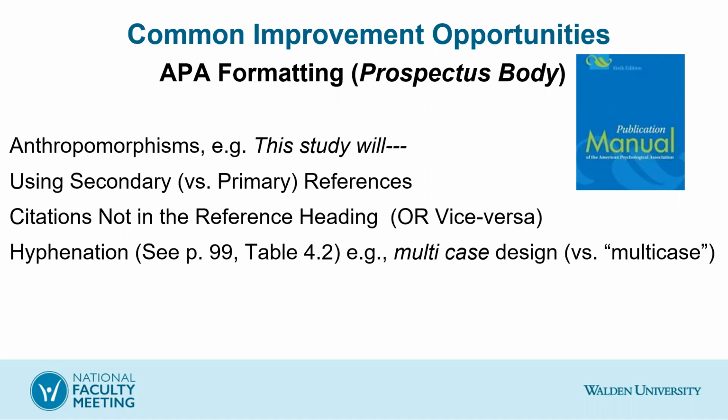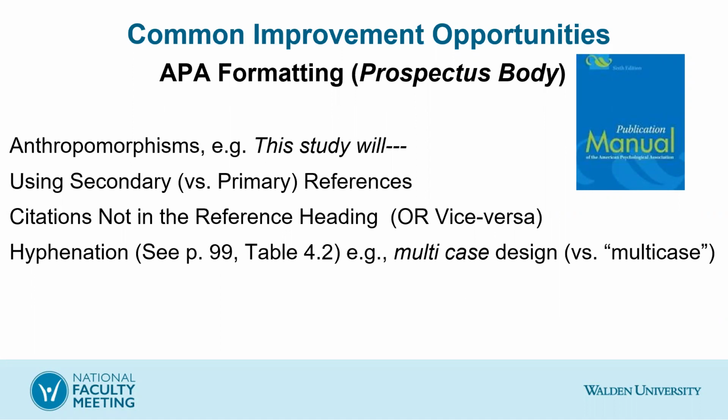And in lieu of using that anthropomorphism, avoiding it, you could say the researcher intends to address the specific business problem of this study by using a correlational design to identify the significance of the predictor variables with the dependent variable.